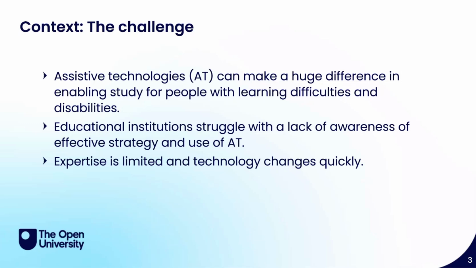They're not necessarily well placed to think about how best to use it, how best to introduce it or support students with it, but also this changing landscape of technologies as well. So as we've said, expertise is potentially limited, and the technology changes quickly as well. And this is true across the sector. I won't go into too much detail on that because I know Neil will talk about his perspective there. But yeah, next slide, please.